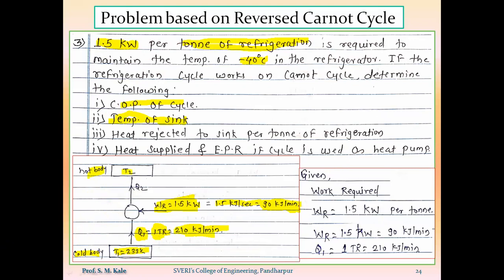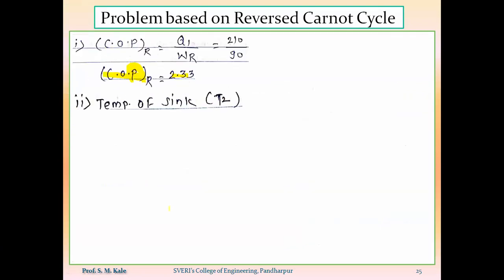Now, as I have calculated the value of COP, I can calculate the value of T2 by using the formula of COP in terms of temperature. The formula of COP in terms of temperature is nothing but T1 divided by T2 minus T1.